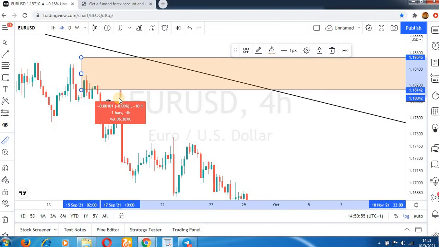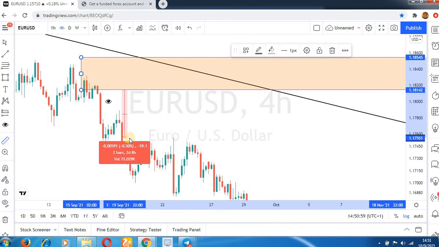Do you understand? Now imagine that it falls all the way down. With just a move to this point, you are already 1.5 R. This is 60 pips. Now this is what I call optimizing your entry.